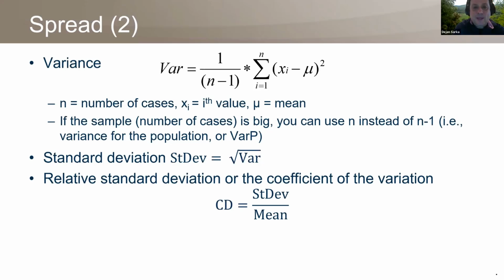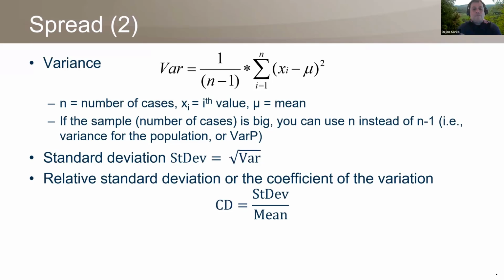However, standard deviation is an absolute measure. A variable that has a bigger scale than another variable would probably also have a bigger standard deviation. So in order to compare multiple variables, we need relative standard deviation, which is also called coefficient of variation, simply standard deviation divided by mean.